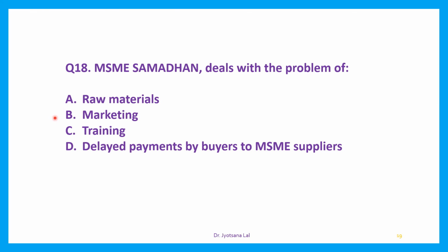Options: raw materials, marketing, training, or delayed payments by buyers to MSME suppliers. Yes, you have to find out the correct answer, and the correct answer is option D. MSME Samadhan deals with the problem of delayed payments by buyers to MSME suppliers. So D is the correct answer.